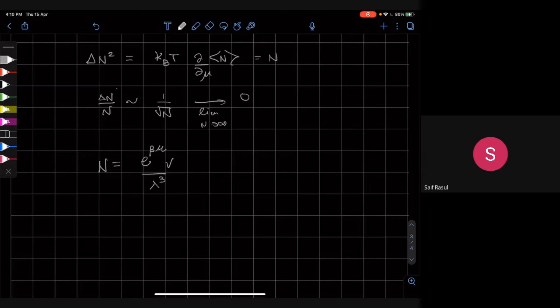So we can now invert this expression to express mu, which is the chemical potential. And the expression for the chemical potential is 1 over beta, or kBt, times log n lambda cubed divided by v. Okay.